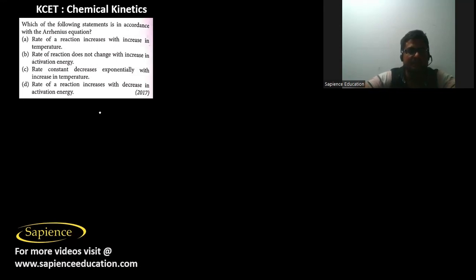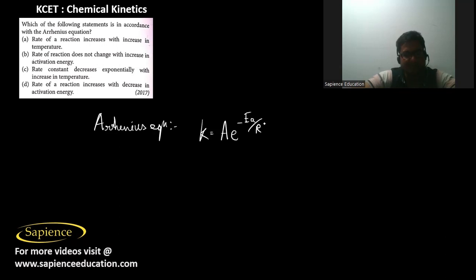So here it is told which of the following statements is in accordance with the Arrhenius equation. The Arrhenius equation is given as K equals A e power minus Ea by RT, where Ea is the activation energy, K is the rate constant and A is the Arrhenius constant.